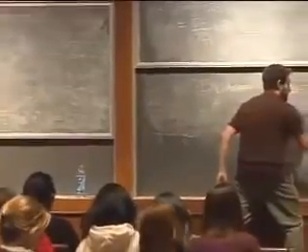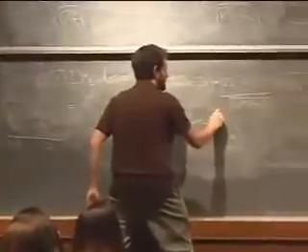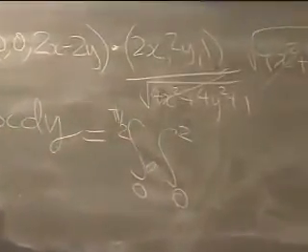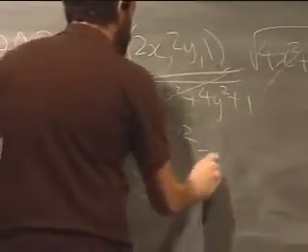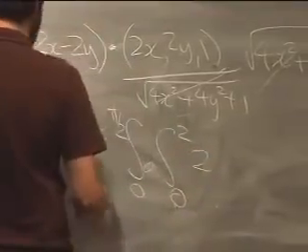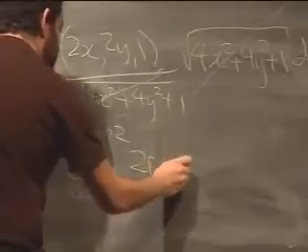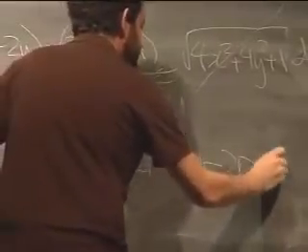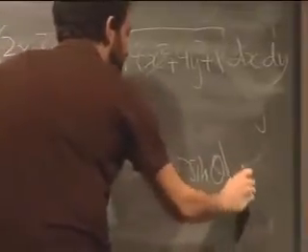So, it's the integral. Theta goes from 0 to pi over 2, and r goes from 0 to 2. Notice that theta only goes to pi over 2 because we only want a quarter of the circle. 2x is 2r cosine theta minus 2r sine theta dr d theta.